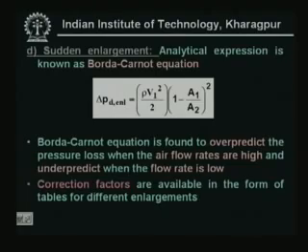That means it does not give you exact results either at very low flow rate or at very high flow rates. Okay. Of course, what is a very low flow rate or very high flow rate is again a thing to be decided. Okay. But in general, in the absence of reliable experimental data, you can use the Borda-Carnot equation, because all that you have to know is the area ratios and the flow rates. Then you can find out what is the pressure loss.